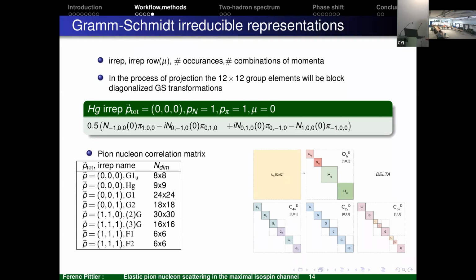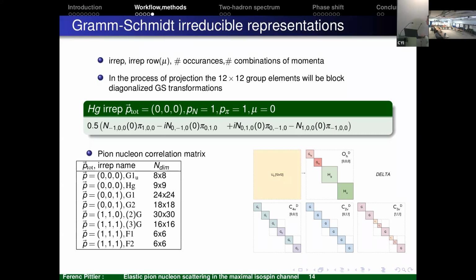in general, if we do the same procedure, for example for the pion-nucleon two-hadron states, then we will have a matrix in terms of these variables which is 8 by 8 for the G irreducible representations, and so on. So this can really be a huge matrix, for example 30 by 30, and this should be understood as per time slice.